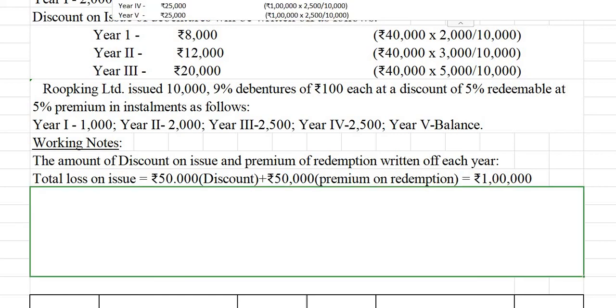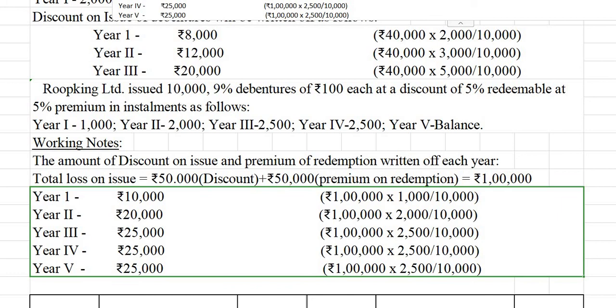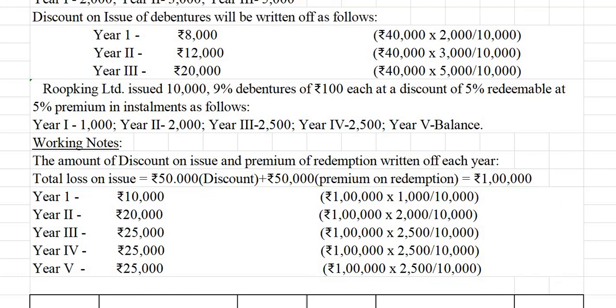Now let us see how to bifurcate the amount, that means how much can be written off every year. First year, 1 lakh is the total loss, which is for 10,000 debentures. But during that year 1,000 debentures are redeemed.